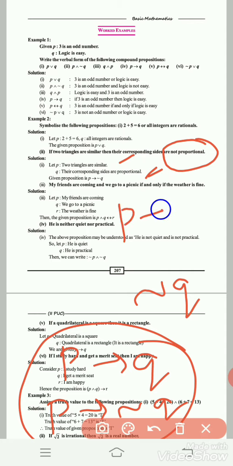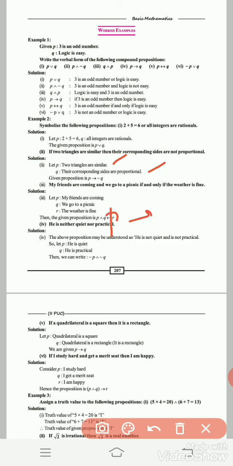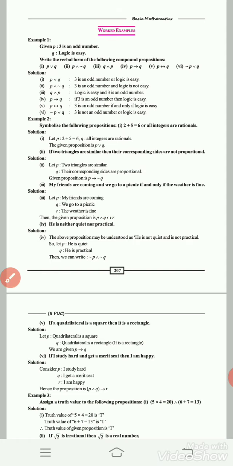Then the symbolic form is P implies negation Q. Otherwise, if the Q statement is their corresponding sides are not equal, then P implies Q. It depends on the statements. Here, two triangles are similar, their corresponding sides are proportional. Therefore, it is P implies negation Q.